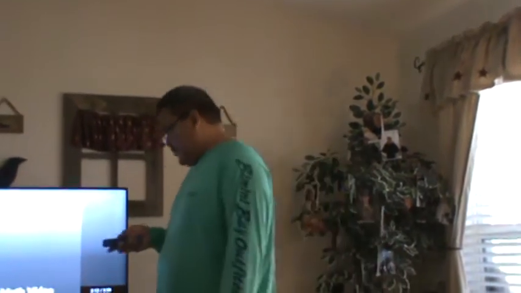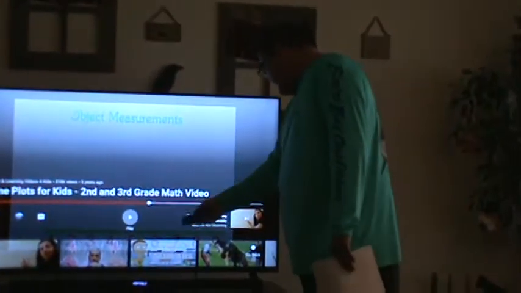Do you remember what we're going to be using? That's right, we're going to be measuring in inches. If we were measuring in centimeters or millimeters, that's what we would write. But since we're going to be doing inches, we're going to write inches. Now, they labeled their line 1, 2, 3, 4, 5, 6, 7, 8, and 9, all the way up to 9.